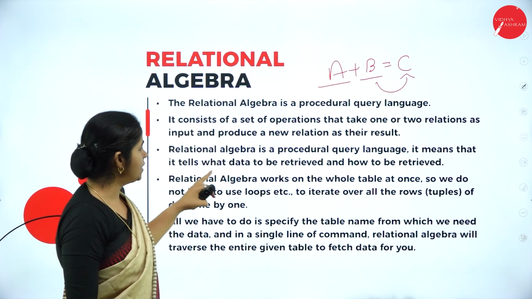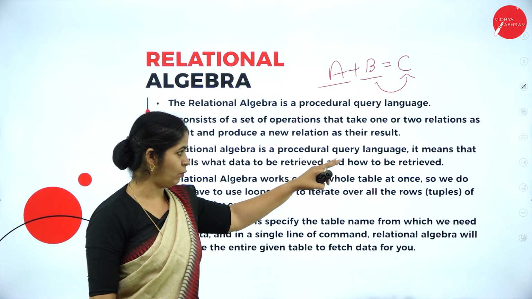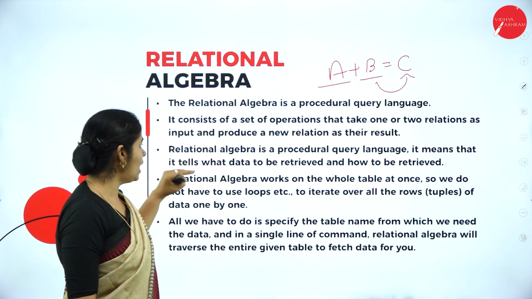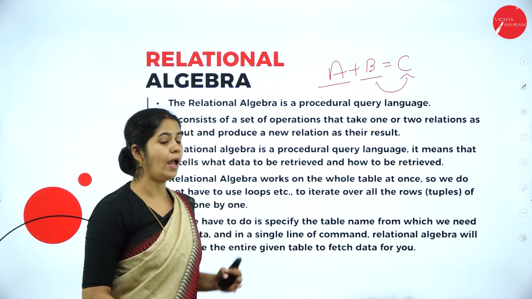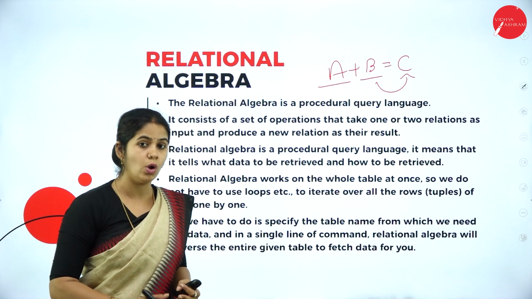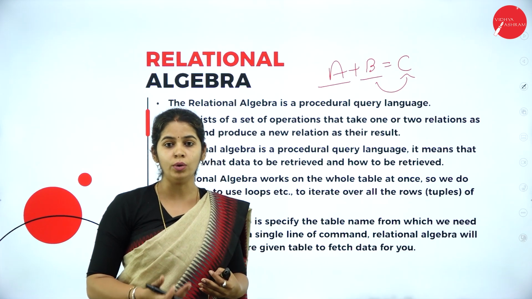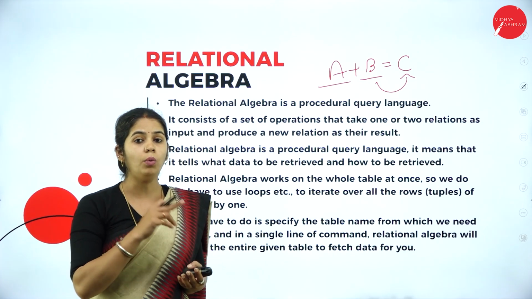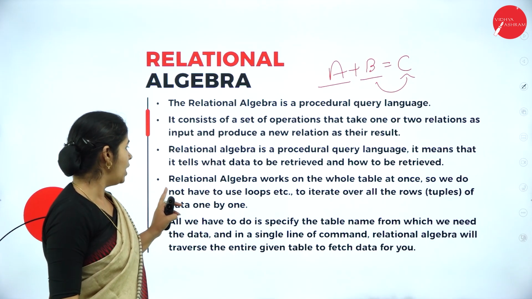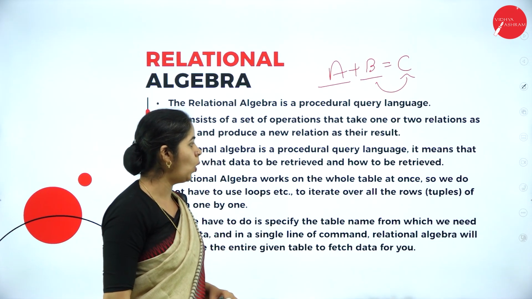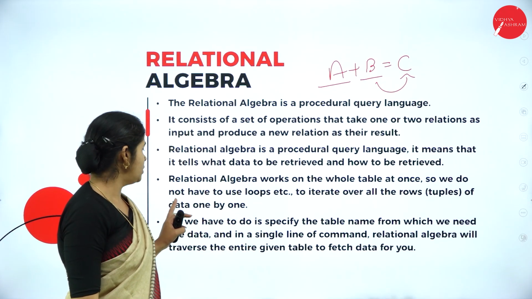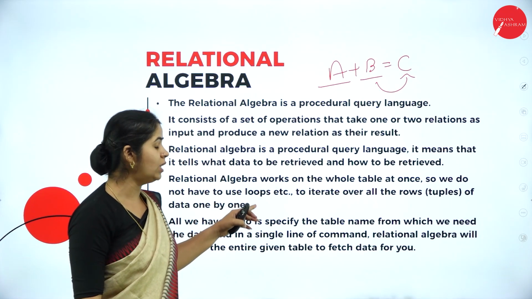Relational algebra is a procedural language. It means that it tells what data is to be retrieved and how the data is to be retrieved: what the user or the system designer wants to take, and how we can take it. Relational algebra works on the whole table at once, so we do not have to use loops.